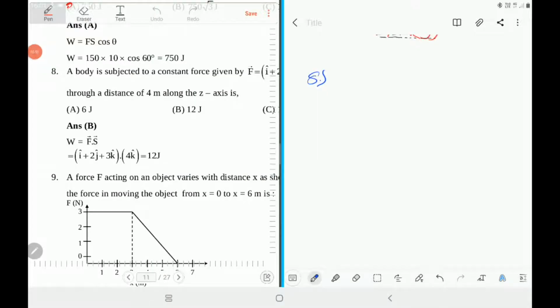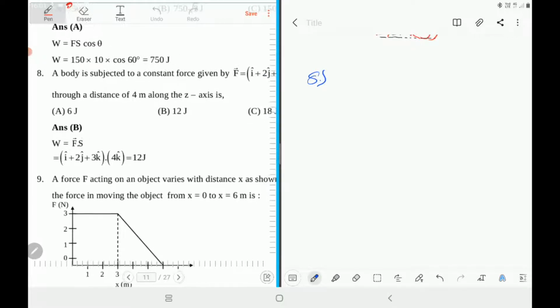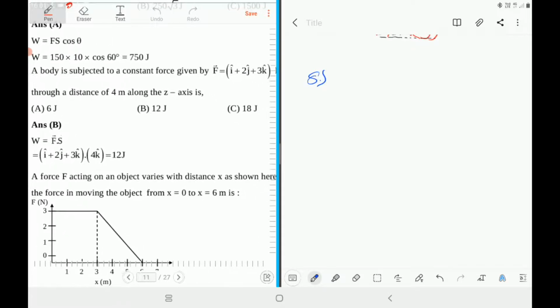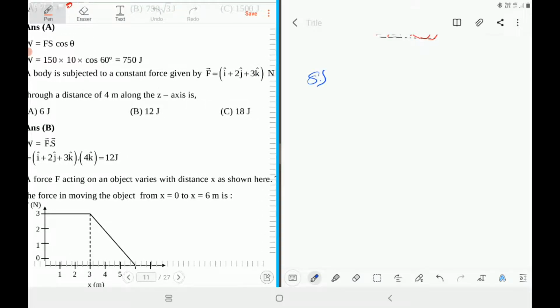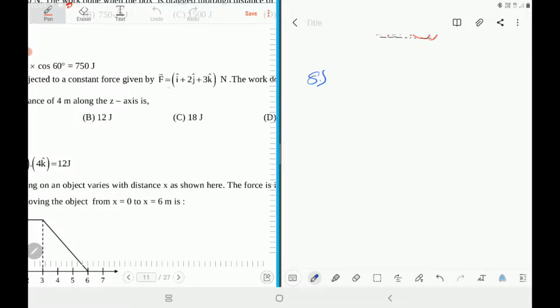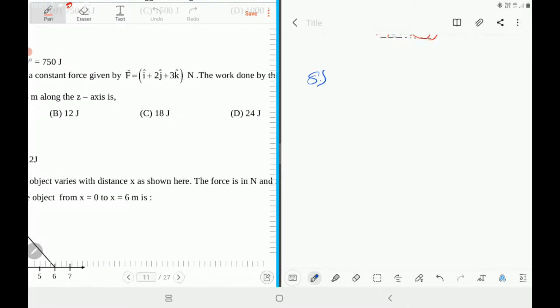Yes, children. Now an example for the dot product of two vectors. How to evaluate the dot product. Let's read the problem now. 8th one. A body is subjected to a constant force given by F equals 1i plus 2j plus 3k Newton. It is three-dimensional, for the equation x, i, j, k, 3 axes. I have shown for 2 axes.